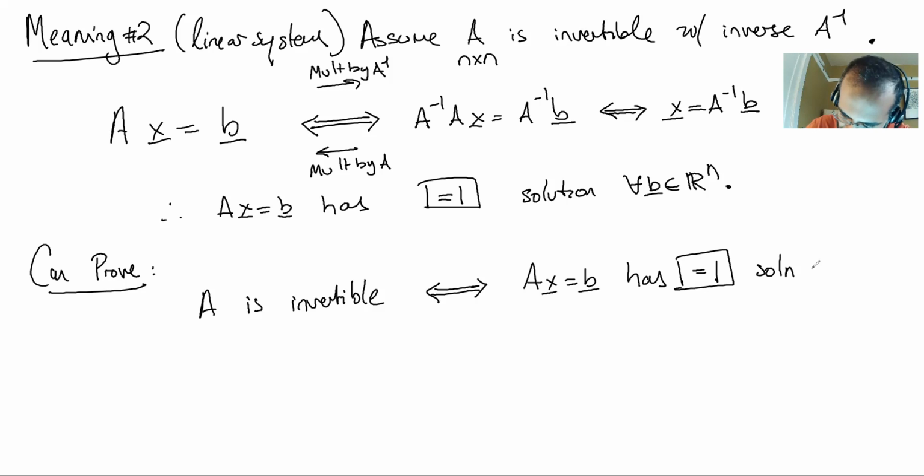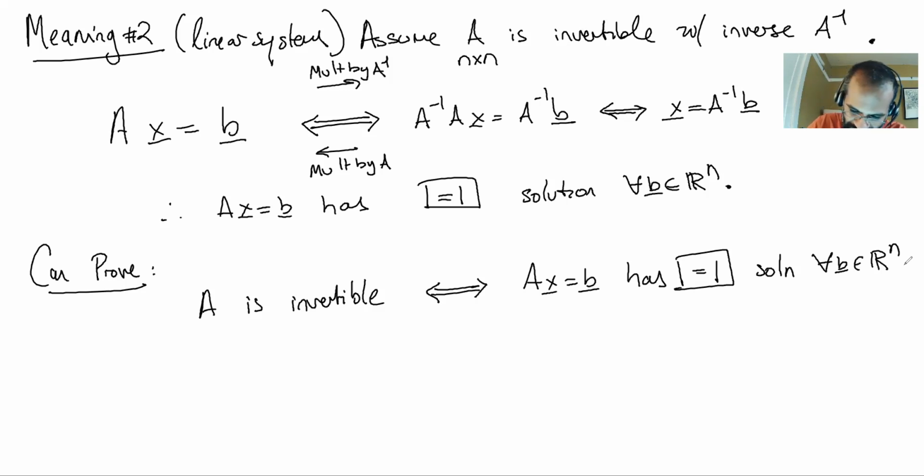I want to emphasize exactly one. So we proved one direction, but the other direction is also true. We'll actually see the proof in a moment. So that's the other meaning of invertibility.